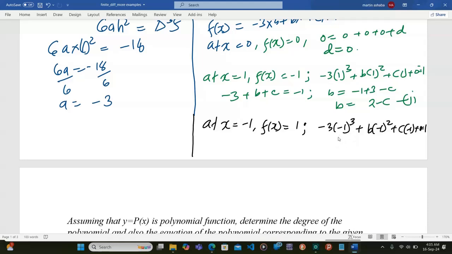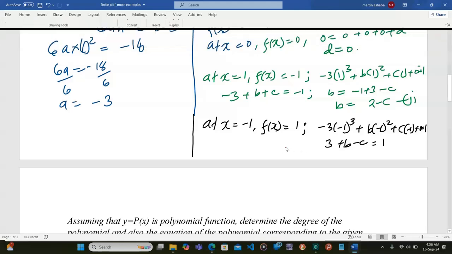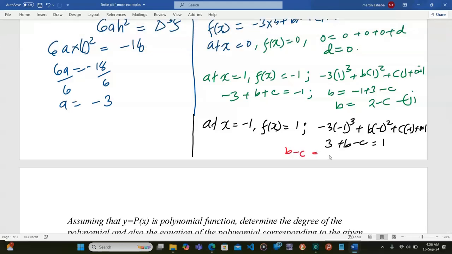So negative 1 cubed is negative 1, times negative 3, that becomes 3. So plus b minus c is equal to 1. So that tells us that b minus c is equal to 1 minus 3, and this is equal to negative 2.